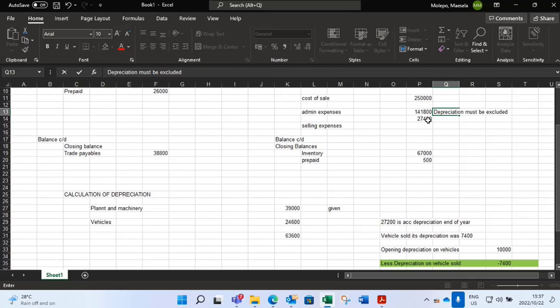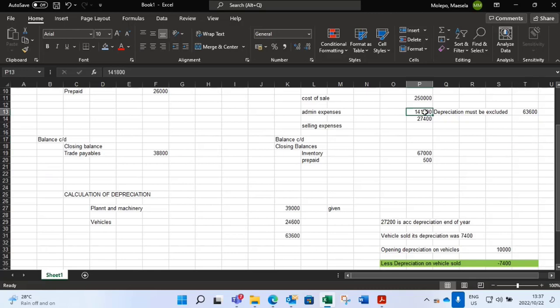And the depreciation to be excluded is 63,600. So when we exclude 63,600, we will only be left with the 78.